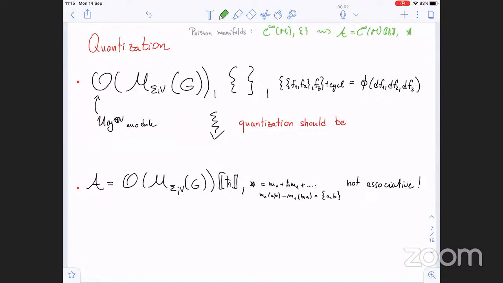And because the product is associative, one gets that the Poisson bracket will satisfy the Jacobi identity.